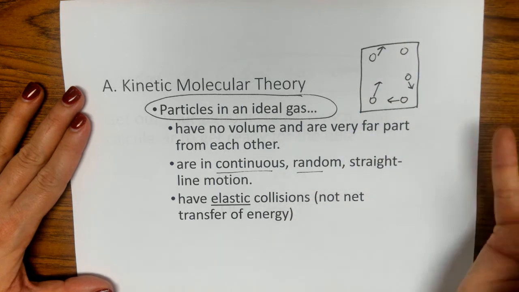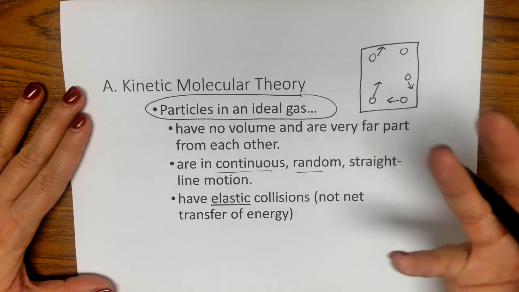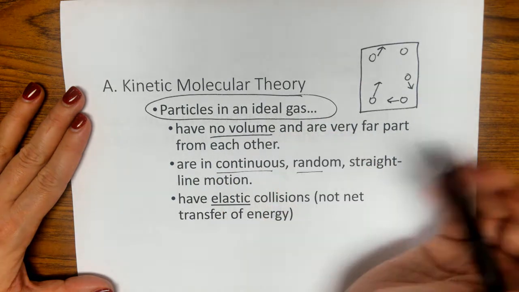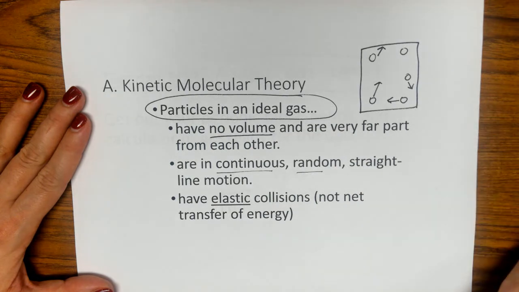Instead, you have the volume of many particles of gases as one. And so we say the particles have no volume because it's not measurable. They're very far apart. You should know that about gases. They move in continuous straight line motion.